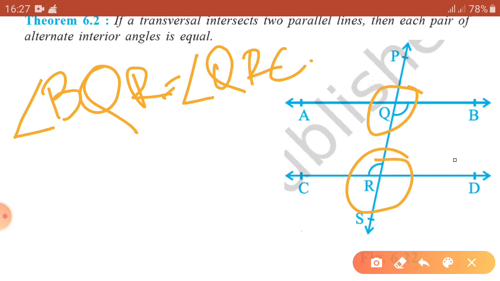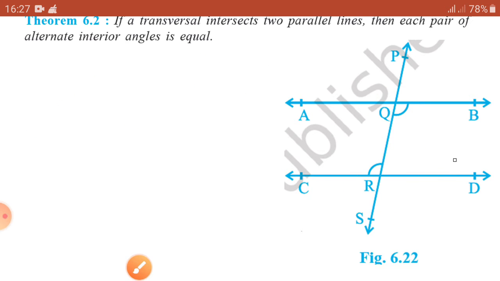That means these two angles, BQR and QRC, are equal. Now the question is, is AB parallel to CD?